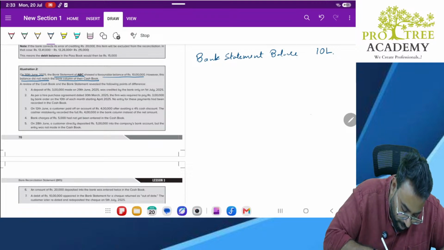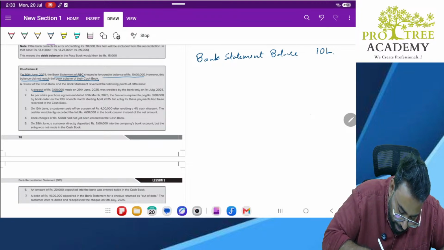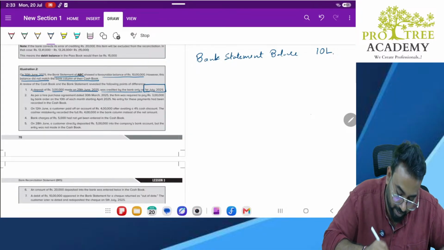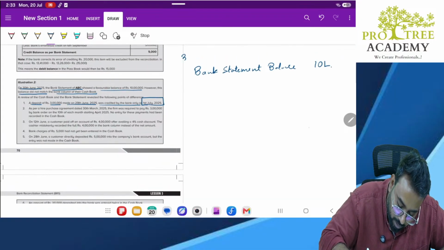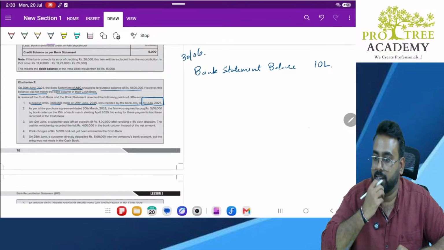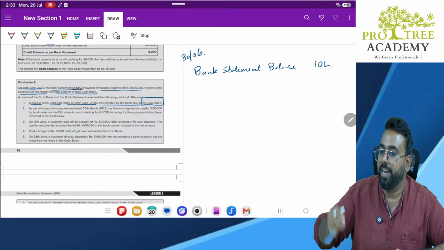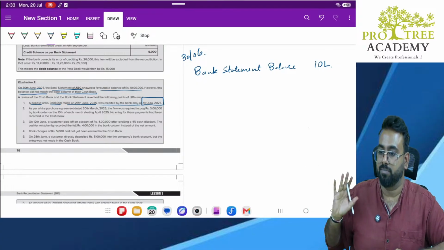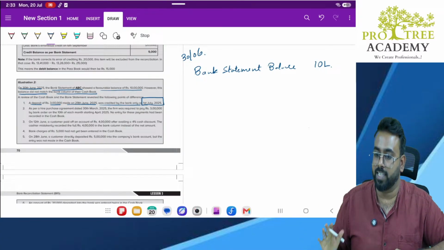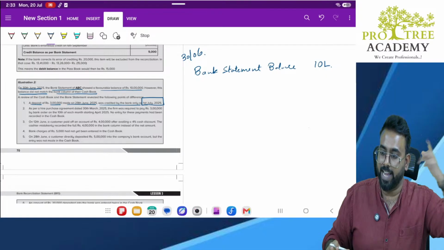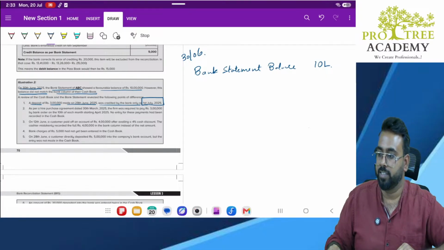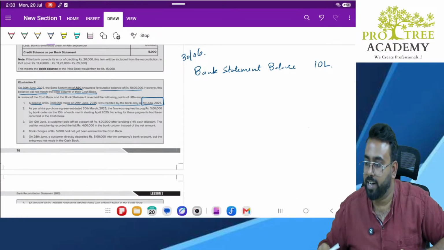Now, a deposit of 3 lakh made on 29th June 2025 was credited by the bank only on 1st July 2025. When are we preparing BRS for? Correct? Now, what they are trying to tell you is, sir, I deposited a check in the bank. The moment I deposited the check, my cash book already entered 3 lakh. But the bank does not enter it.